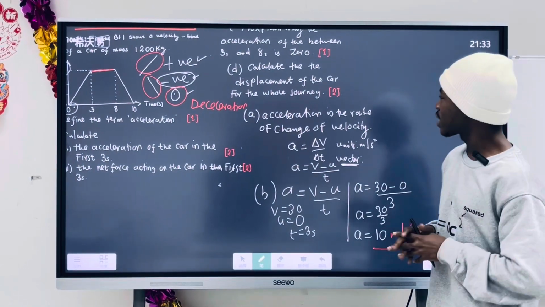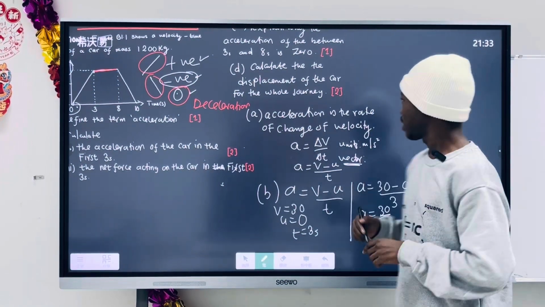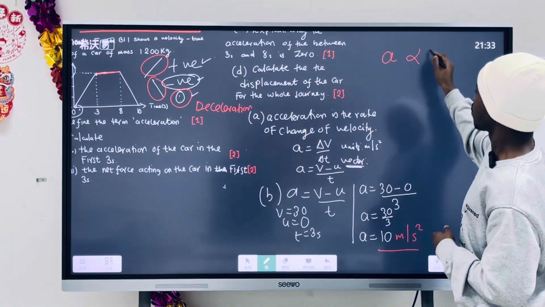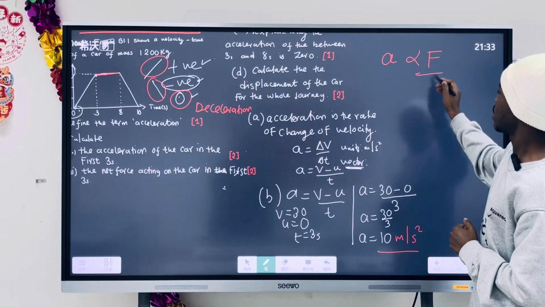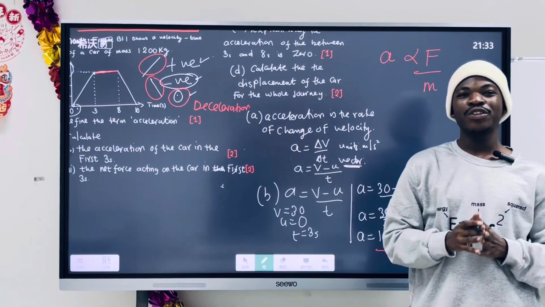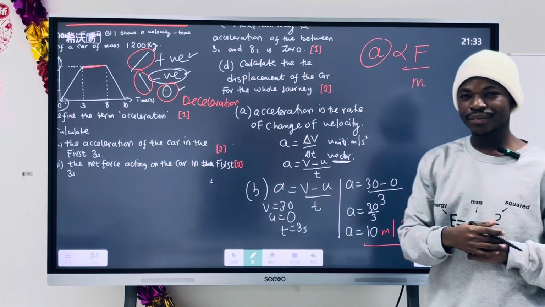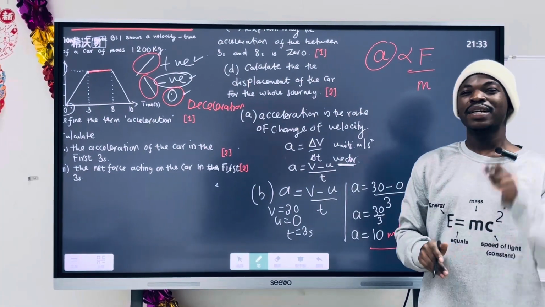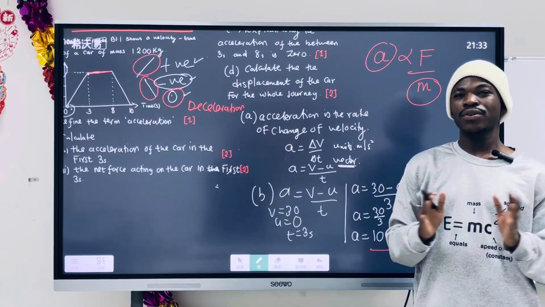According to Newton's second law of motion, the acceleration of the body, a, is directly proportional to the force that is acting on it, but inversely proportional to the mass of the body. This is what we call Newton's second law of motion. The acceleration of the body is directly proportional to the net force acting on it, but inversely proportional to the mass of the body.